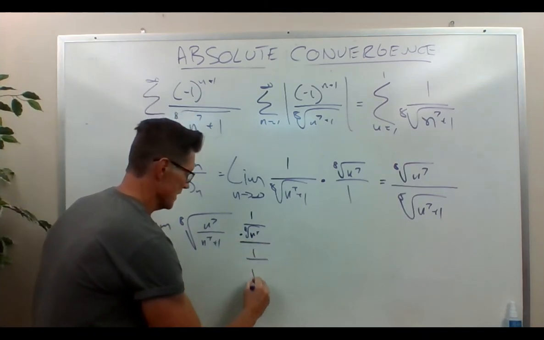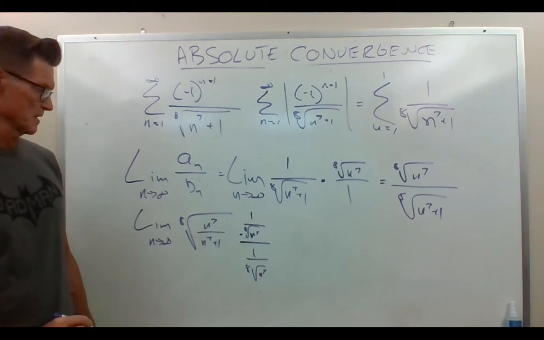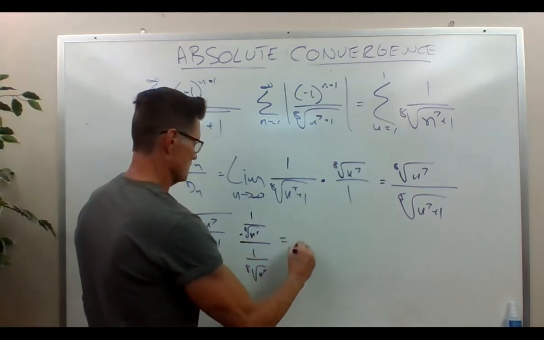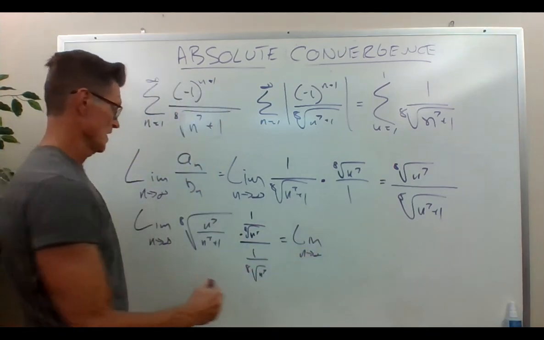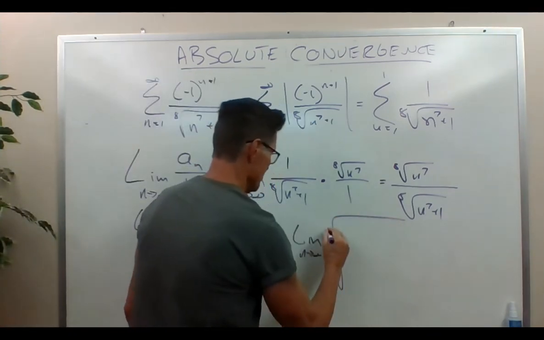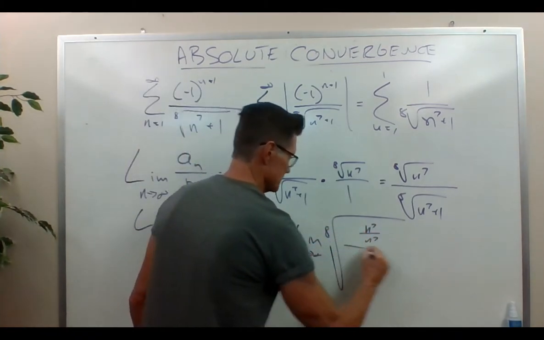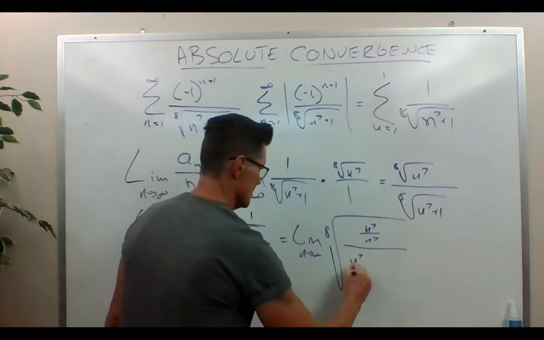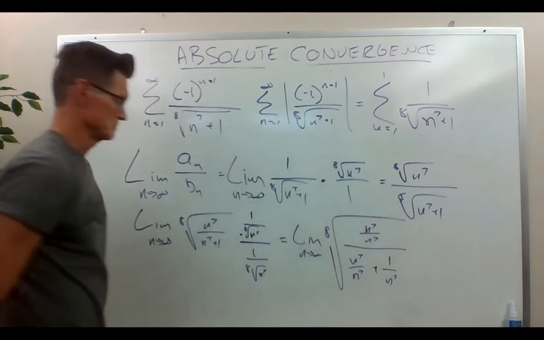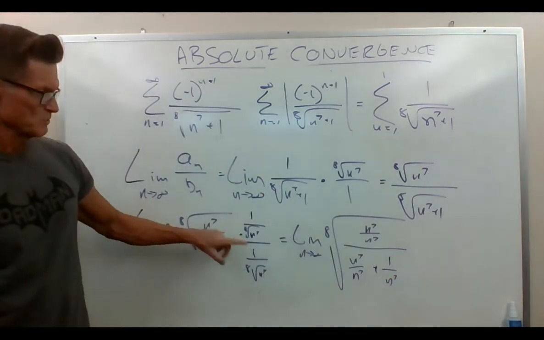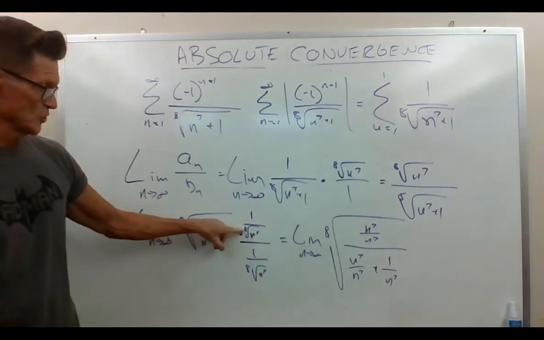So what that's going to look like is the limit as n approaches infinity of the 8th root of n to the 7th over n to the 7th, over n to the 7th over n to the 7th, plus 1 over n to the 7th. In order to put these n to the 7ths underneath the 8th root, I needed to do it as an 8th root.